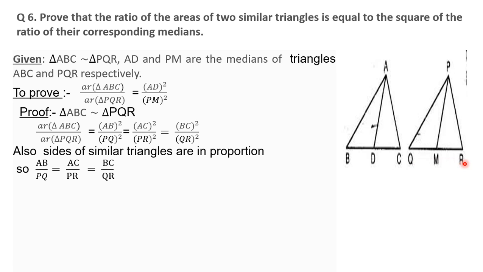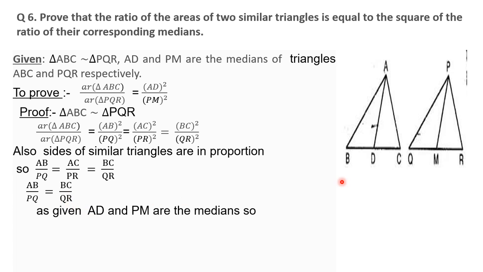Now, also when the triangles are similar, the sides are in proportion. So again we can write AB upon PQ is equal to AC upon PR is equal to BC upon QR. So we take the ratio of these two sides as AB upon PQ is equal to BC upon QR.